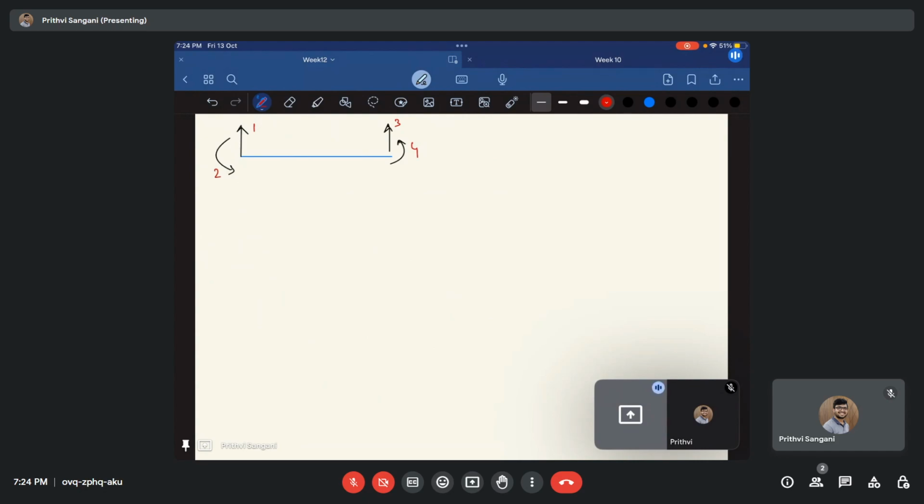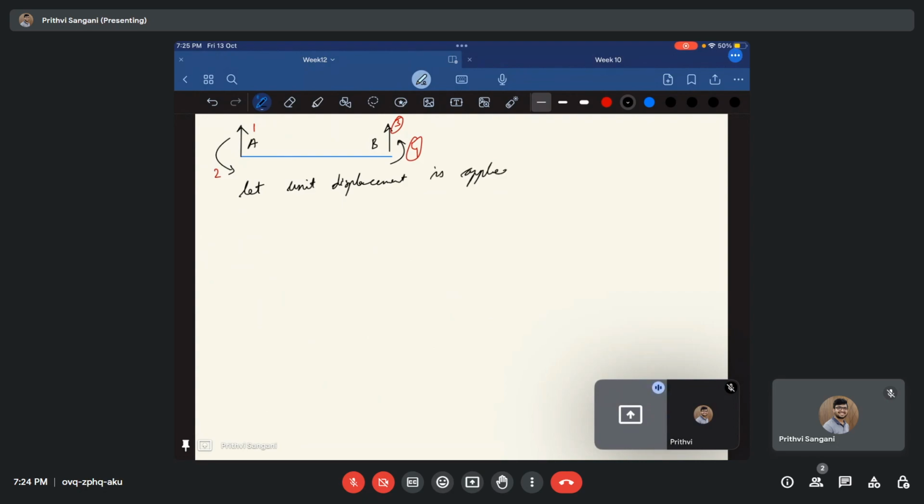The second is along direction 2, which is a unit rotation. Along 3, again it is a vertical displacement upwards, and 4 is a unit rotation clockwise at B.